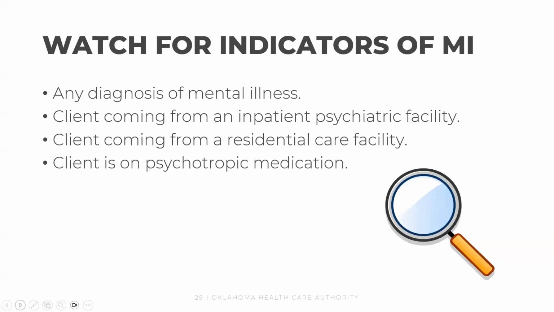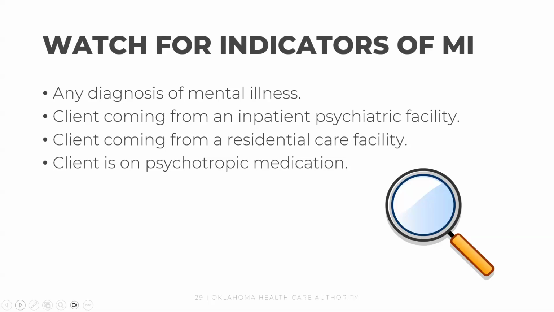So now let's talk about some indicators of a major mental illness. Obviously, any diagnosis of a major mental illness. If they're coming from an inpatient psychiatric facility, they may or may not require a level two. It depends on why they were there.